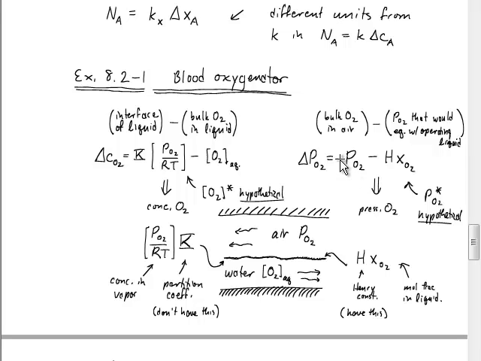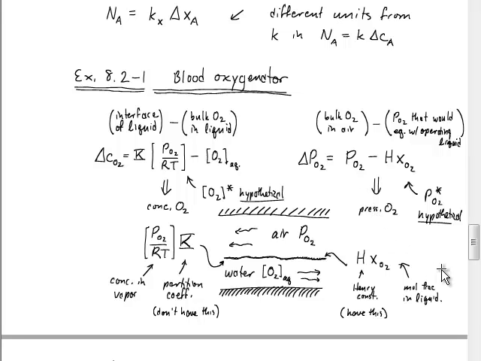Now, this is the actual partial pressure in the gas phase, minus the pressure that you would have in the gas phase if you took the composition of the liquid phase and multiplied it by the Henry's law constant to get a pressure. So this is now a hypothetical pressure that doesn't really exist anywhere in the system, hypothetical partial pressure of oxygen. But now it serves as a way of putting the two sources of oxygen on equal footing, where we can think about them having the same units.